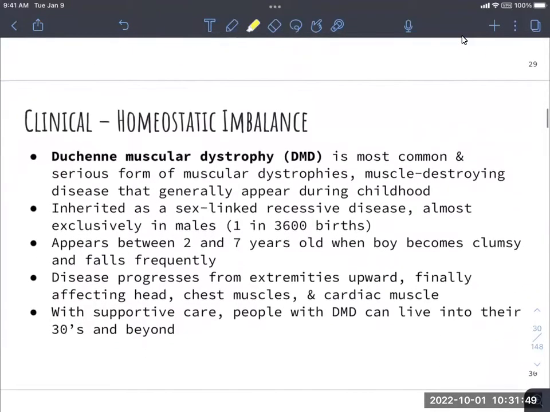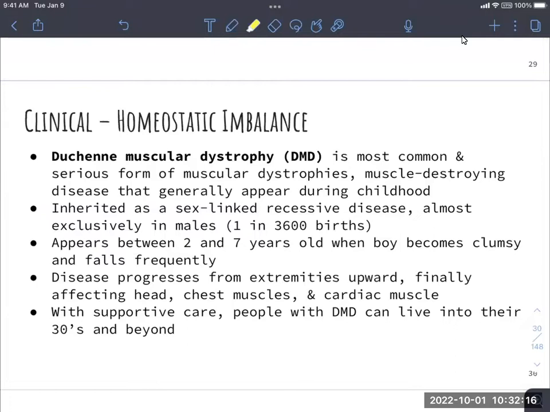So let's look at something: Duchenne's muscular dystrophy. Duchenne's muscular dystrophy is the most common type of muscular dystrophy, and it usually starts in early childhood. Parents usually notice it because their kids get really clumsy. They start falling a lot more than they normally do or should between the ages of 2 and 7.